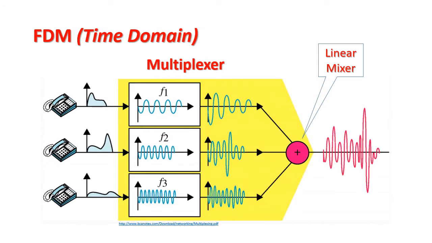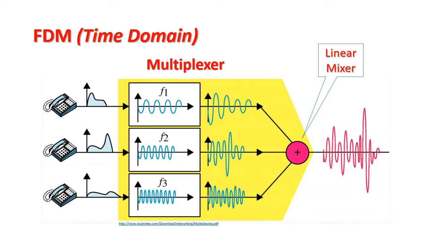This is an illustration of FDM on the transmitter side. As you can see, again, we'll use the example of telephones. The input for these telephones are voice signals. The telephones allot frequencies from 0 to 4 kHz as the bandwidth.